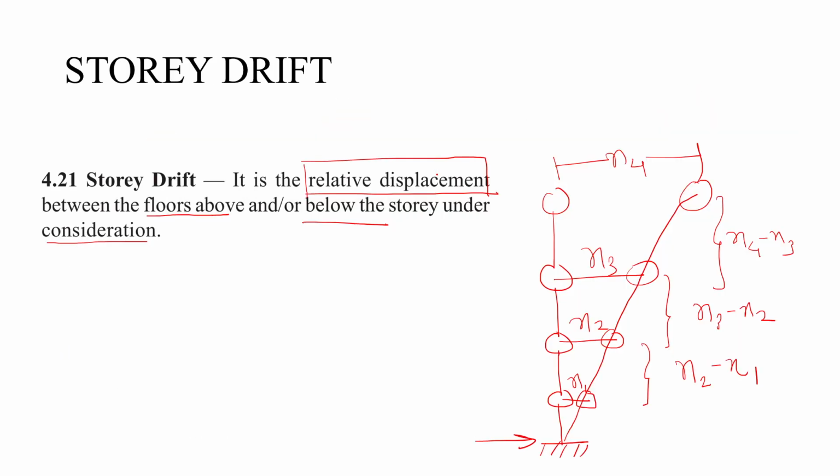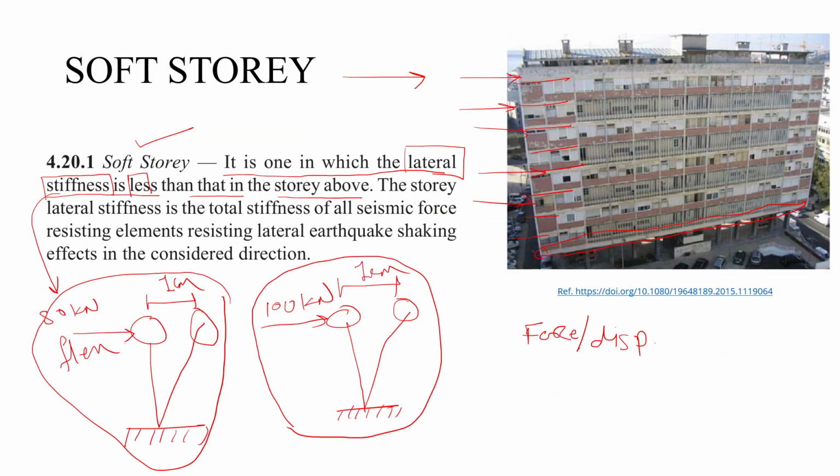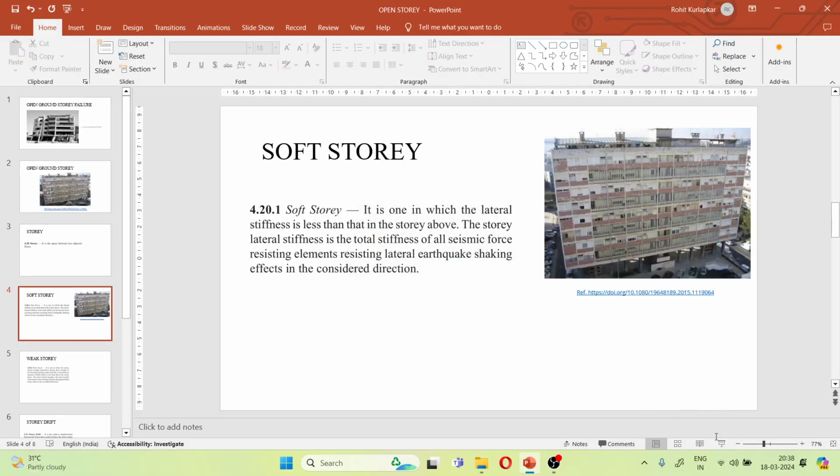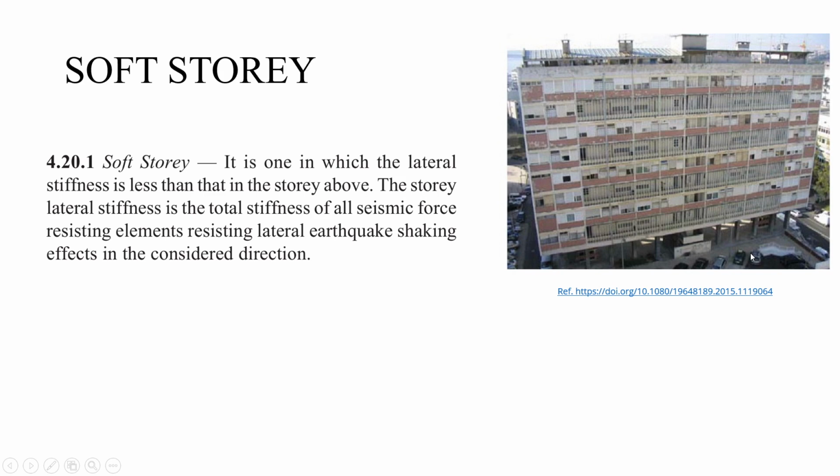That is the reason why the open ground story gets flexible. I will take you back, I will just clear this. Now here you can see this is your ground story, and these are your upper stories.